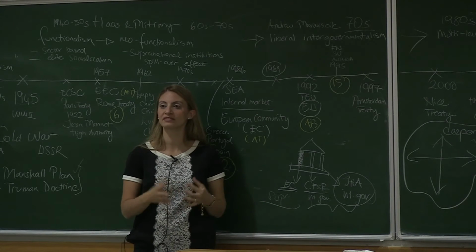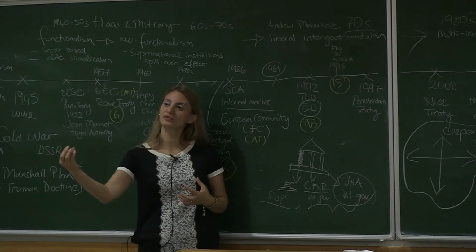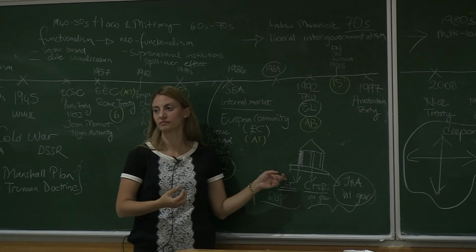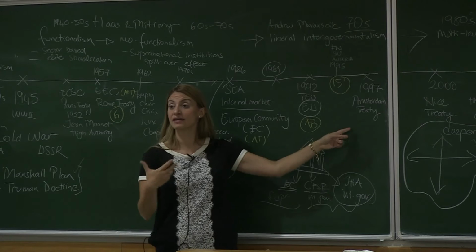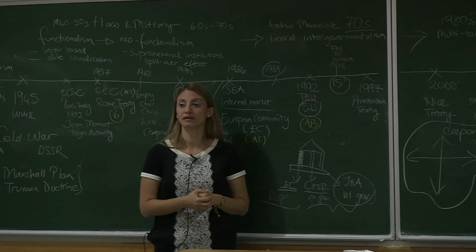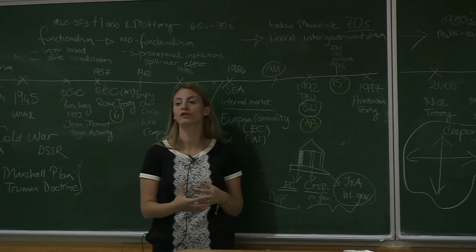So the cooperation has to be more advanced. That's why some of the subject matters were moved from the third pillar to the first pillar with the Amsterdam Treaty. As you might imagine, this made the whole functioning of the EU a bit more complicated.